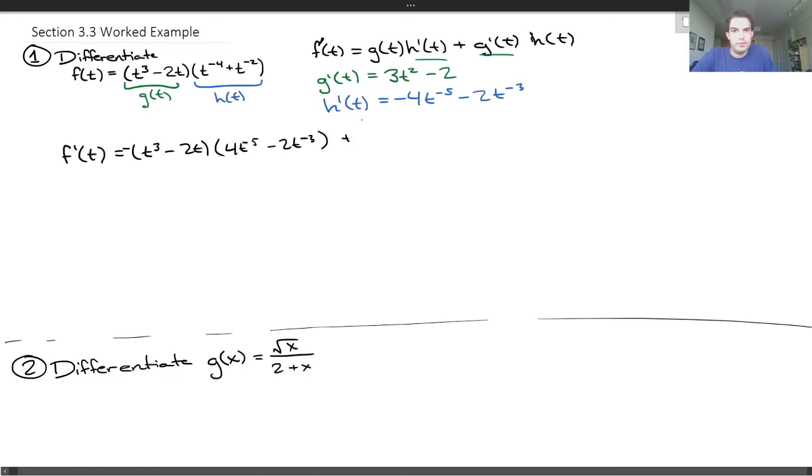And now g prime of t, that's 3t squared minus 2 times h of t, which is t to the minus 4 plus t to the minus 2. Okay, and now we're done with the calculus part of the problem, and it's just some algebra to simplify.